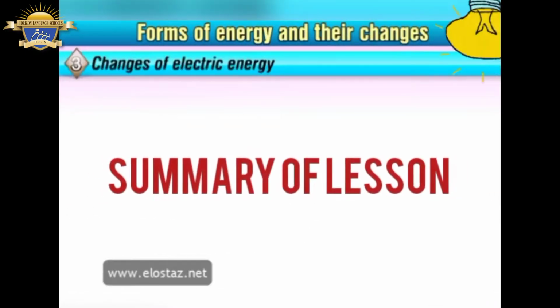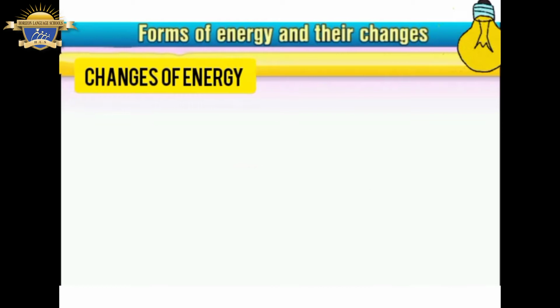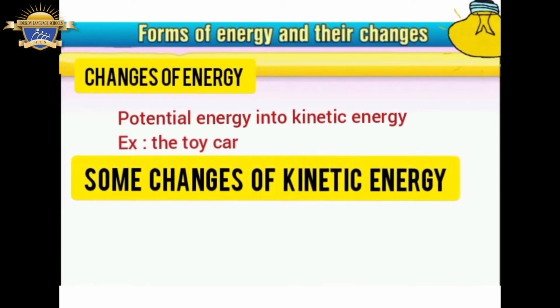Okay, so that's enough for today. Let's take a brief summary of the lesson. First, we talked about the changes of energy, changing of potential energy into kinetic energy in the toy car with springs. Number 2, some changes of kinetic energy.